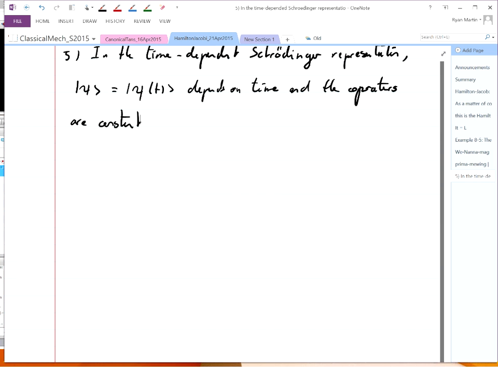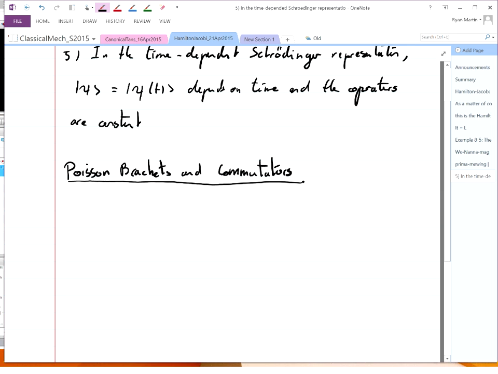So now I'll do a few connections with the things that we've done so far. I want to look at two things: Poisson brackets and commutators. Poisson brackets, as you recall, are a thing from classical mechanics, and commutators are a thing of quantum mechanics.